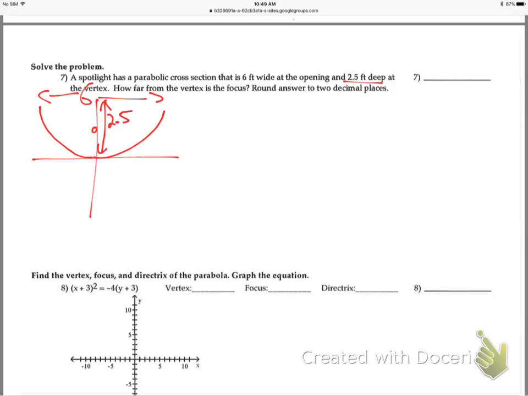They're asking, where's the focus? Somewhere like right there, right? We want to find that focal point. Like if you're making a satellite dish, where should you locate the receiver if you have a 6 foot wide opening, 2.5 feet deep? How do you find it? What's the equation? Remember, what direction is this parabola going? Positive y.